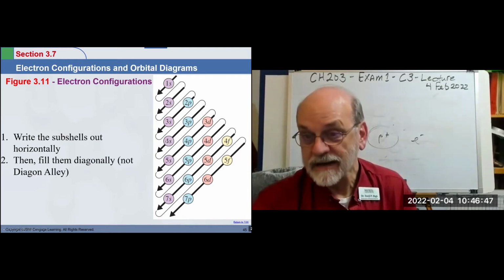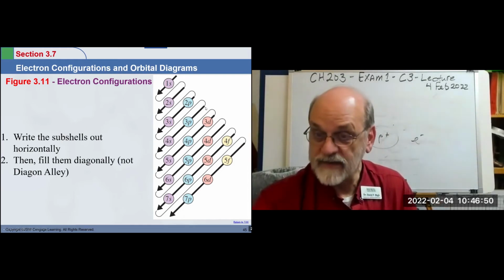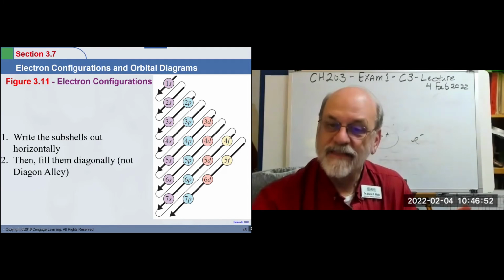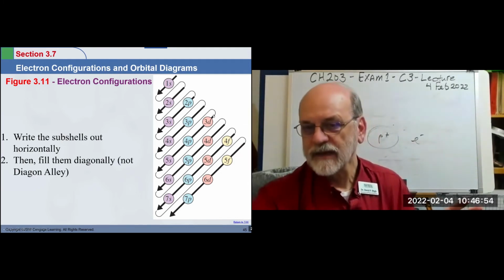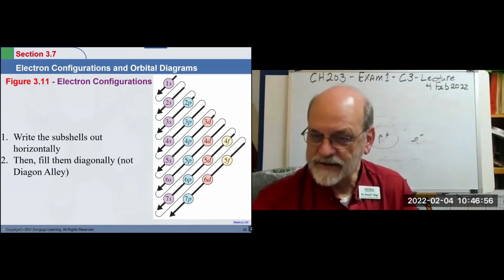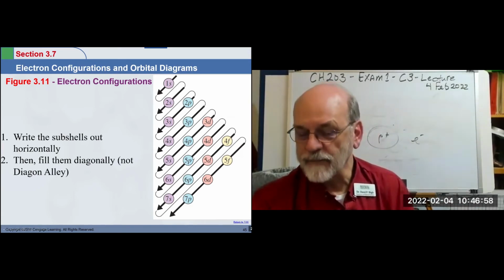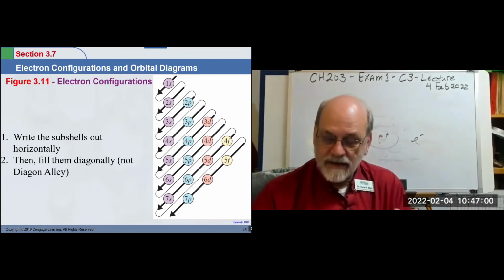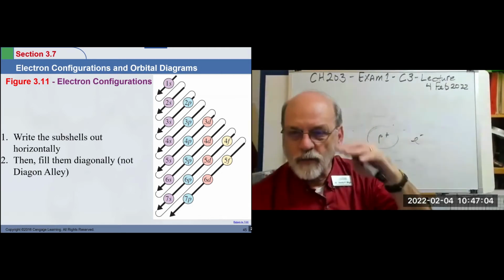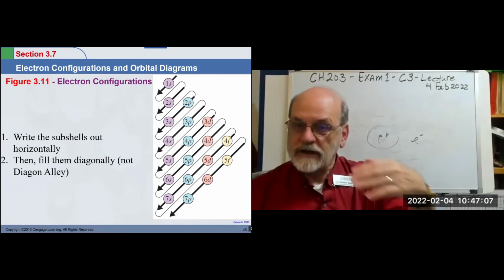Don't go to 3d, right? That's why we have this diagonal: 3p, 4s. Then you can go back up to 3d, then to 4p, then to 5s, and you can go back up to 4d, 5p. So that is a way to actually list the orbitals in energy level.